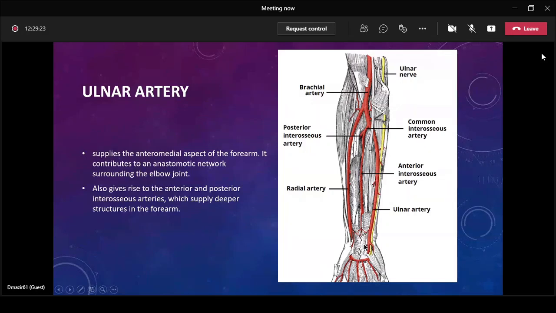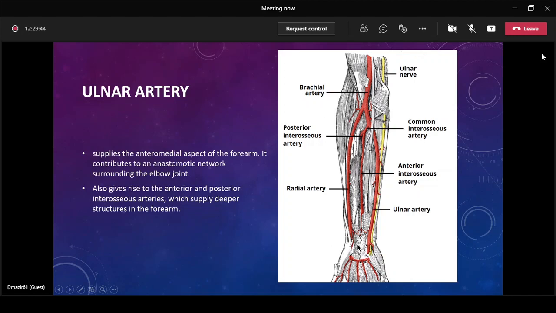So both types of questions will be solved if you have the concept. What are the structures superficial and what are the structures deep to the flexor retinaculum and in front of the carpal bones. Now, next we move towards the veins.